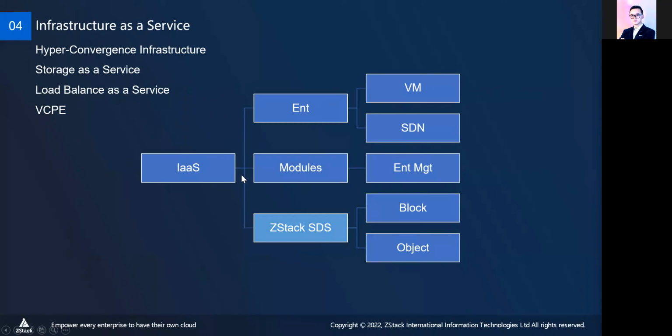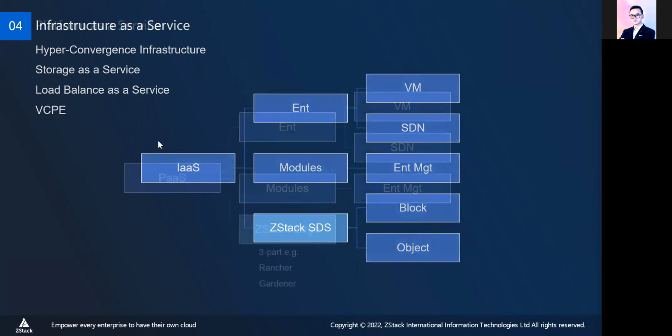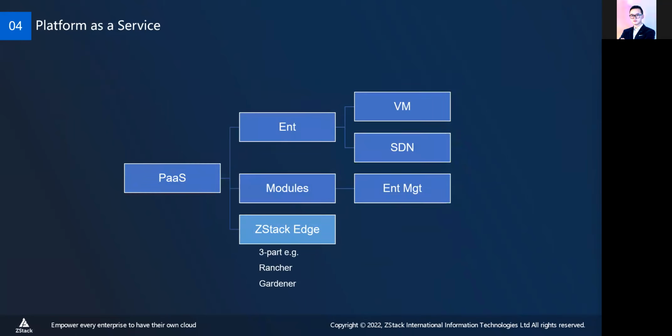In these scenarios, you can buy ZStack Enterprise Edition. It includes virtualization, SDN solutions, the enterprise management module, and ZStack SDS solutions to provide the IaaS solution. And then there is platform as a service.